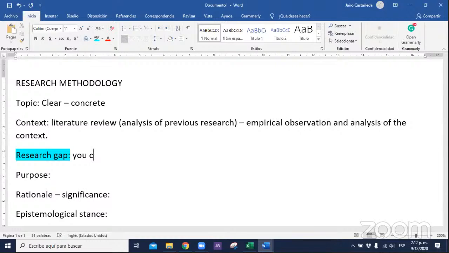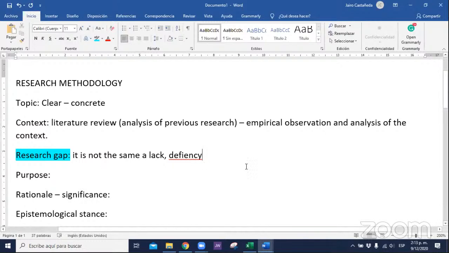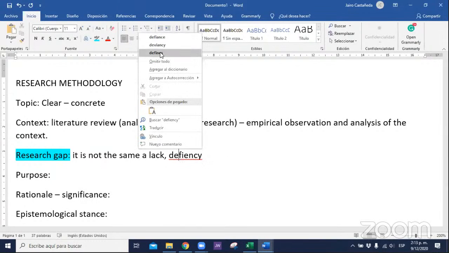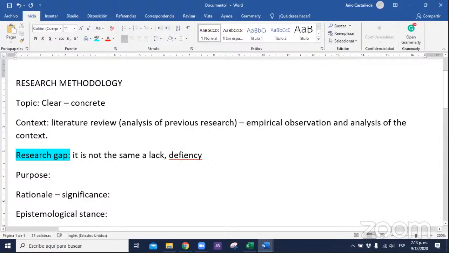It cannot be confused with a lag, or a gap. It is not the same as a problem, or as a deficiency, or as a failure.